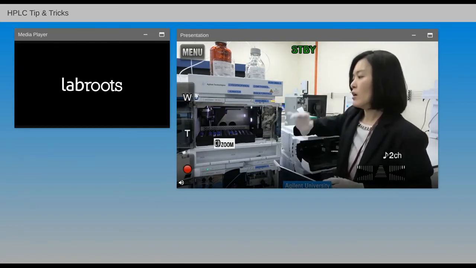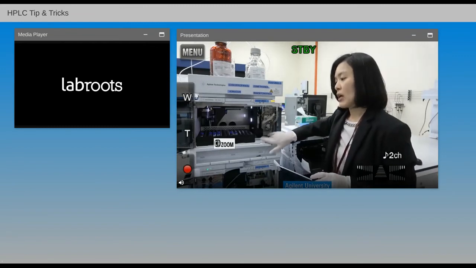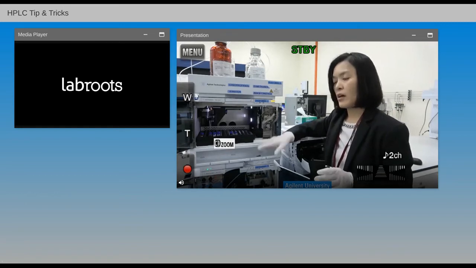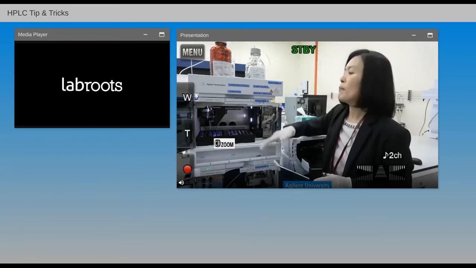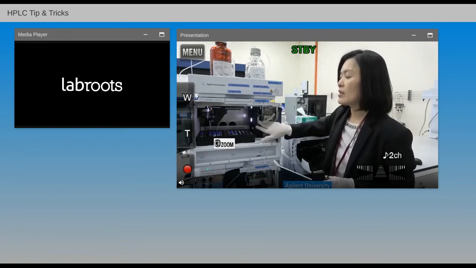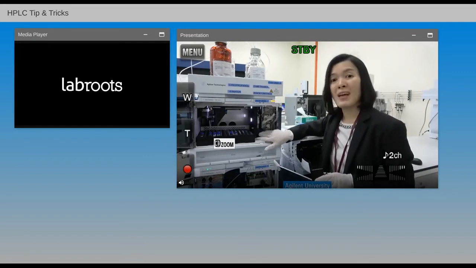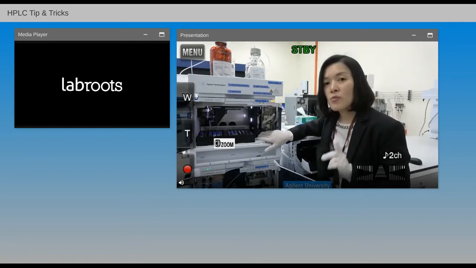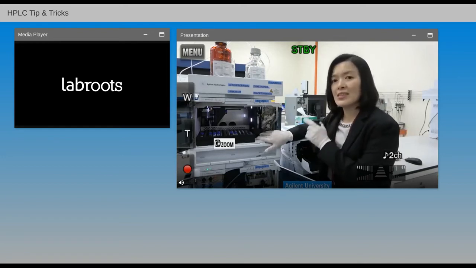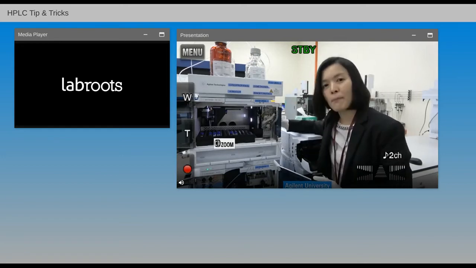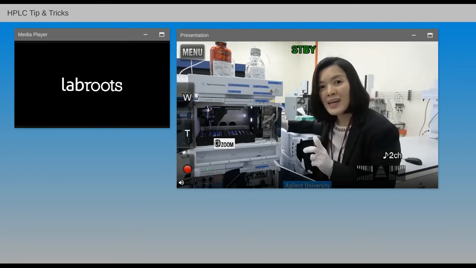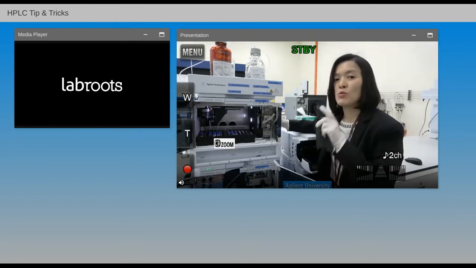These are the things that you can consider: back pressure due to salt precipitation on the pump, and back pressure due to a stuck needle or needle seat, which could be due to the sample. Always remember, the sample will only be introduced into the system from the autosampler. Your sample will not flow backwards to your pump.